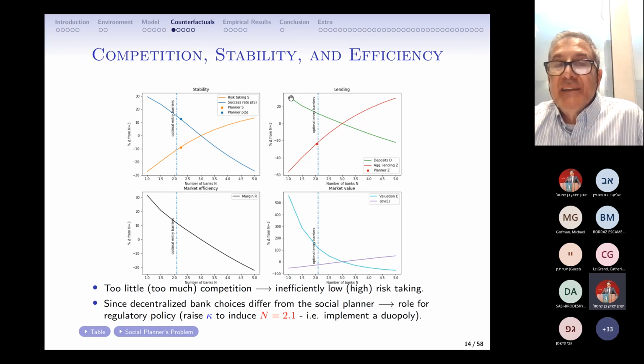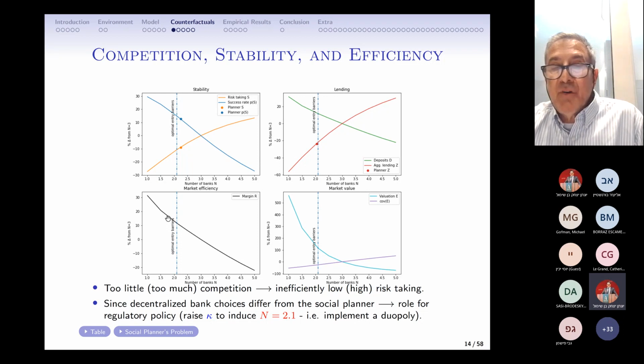A monopolist lender makes a lot of loans, but there's only one of them, so aggregate lending relative to the benchmark is lower. If there are lots of banks, each individual bank is smaller. It's taking on less deposits, but the aggregate of them leads to higher lending in the economy.